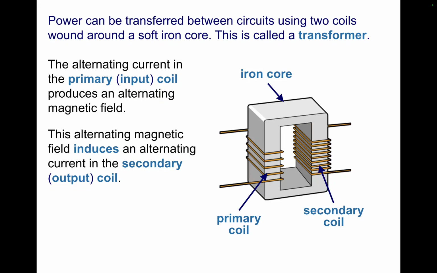That magnetic field will reach out across the transformer and interact with the secondary coil. Now you should know from previous lessons that when you get a magnetic field interacting with a conductor, in this instance a coil, you'll get electromagnetic induction on the secondary coil. If you want to make some notes, please remember to pause and then we'll move on.